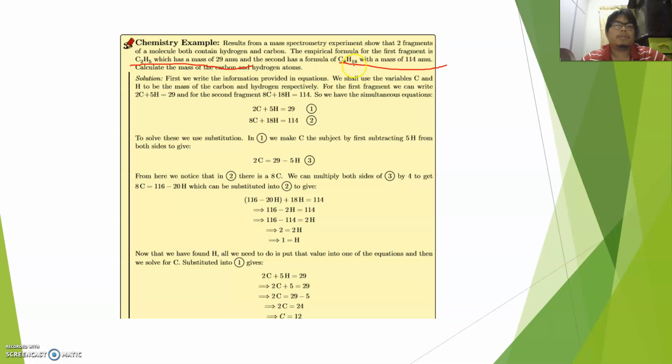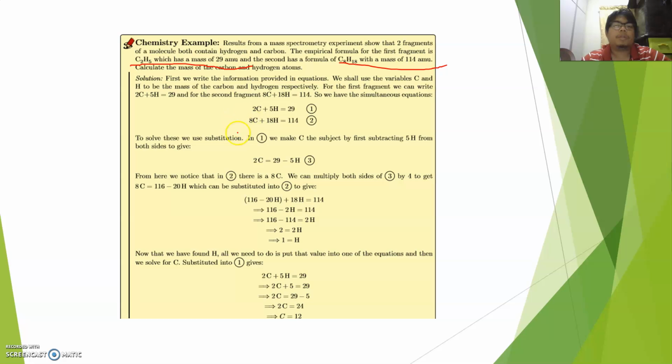We have 8 carbon, 18 hydrogen, and the mass for this molecule is 114 amu. So we convert it into equations. We have 2C plus 5H equal to 29 and 8C plus 18H equal to 114.